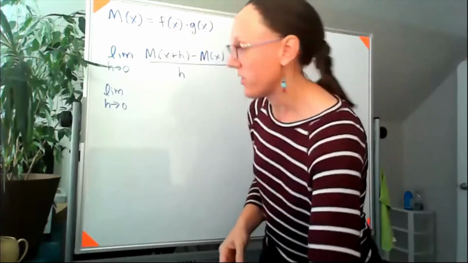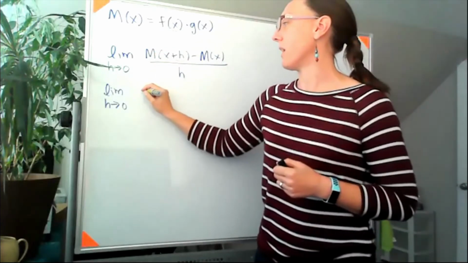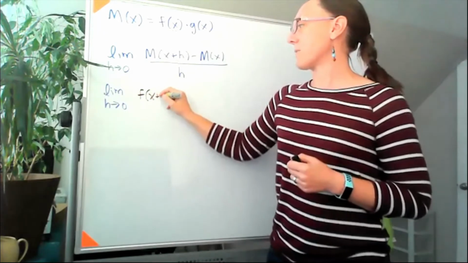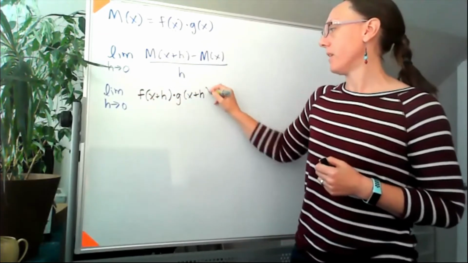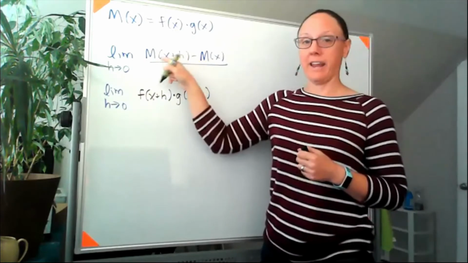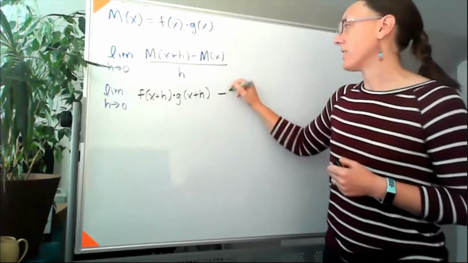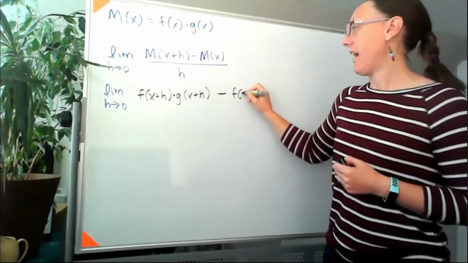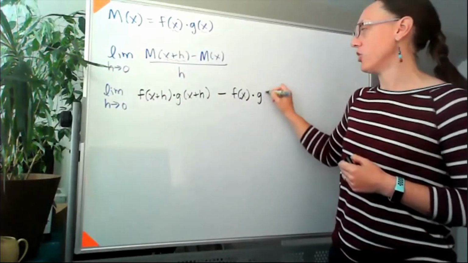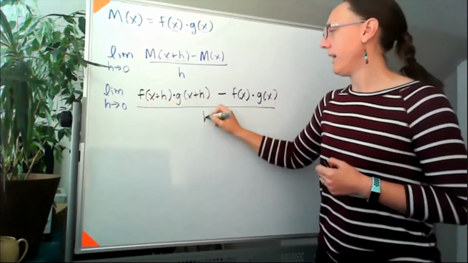So instead of m of x plus h, this will be f of x plus h times g of x plus h, because that's what I get when I plug in x plus h to our function m. Then we're going to subtract off m of x, and that was f of x times g of x. We're going to put the whole thing over h.